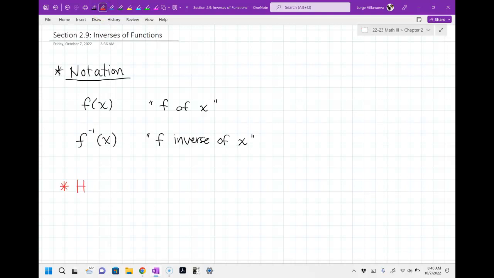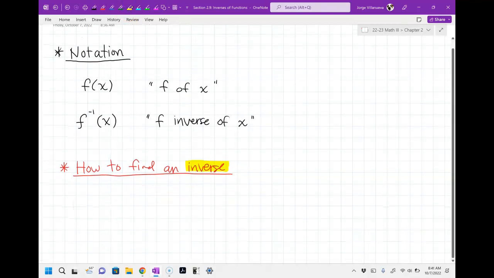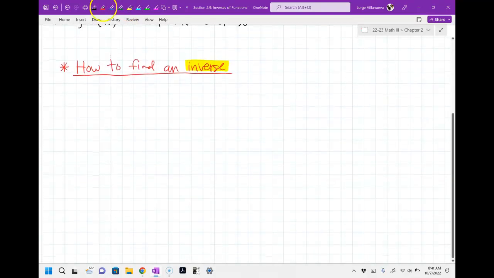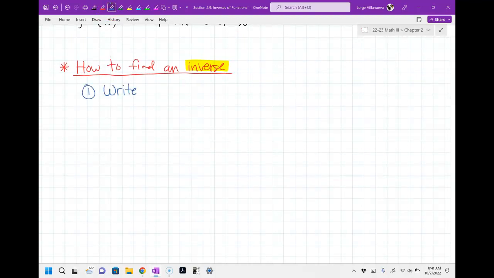So, how to find an inverse. We're looking for an inverse function. Step number 1, and this is going to seem kind of ridiculous, but write your function. They're going to give you your problem, so you're going to want to write it if it's not already written for you.